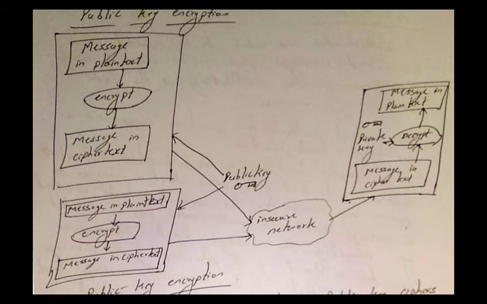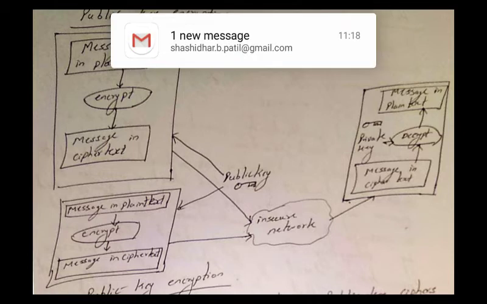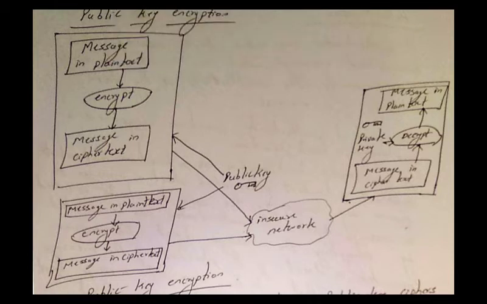The owner of this public key has the private key. These two people encrypt the message, converting it into ciphertext, and this ciphertext is transmitted over the insecure network to the owner of the key. The owner, who has the private key, receives the ciphertext transmitted by these two persons, decrypts it with the private key, and converts it into plain text.